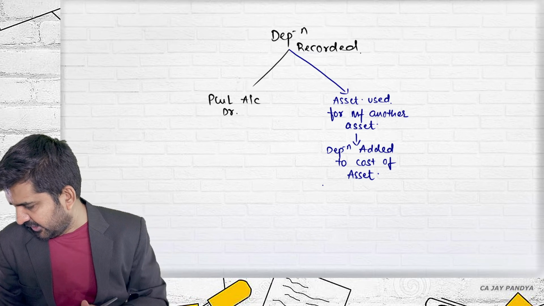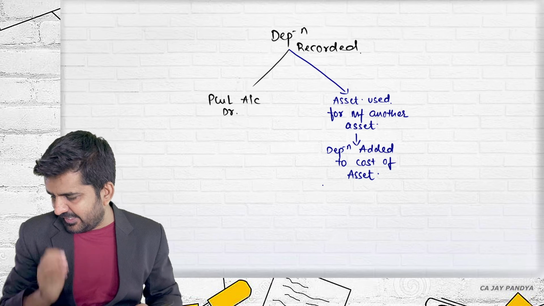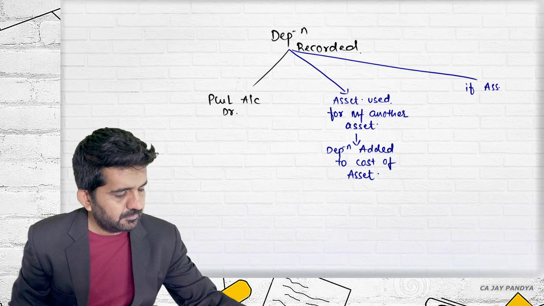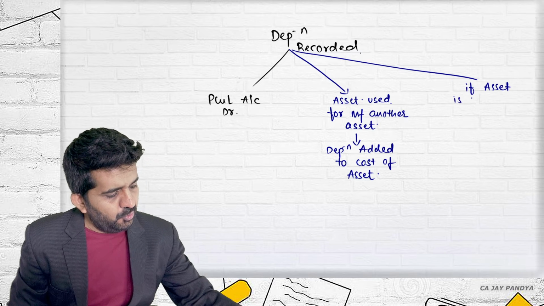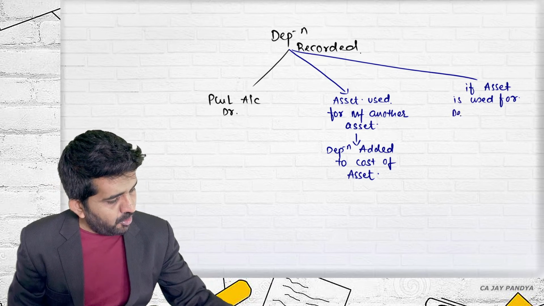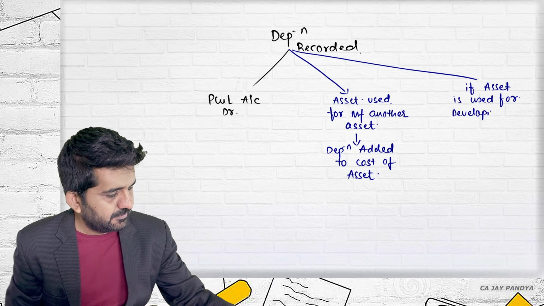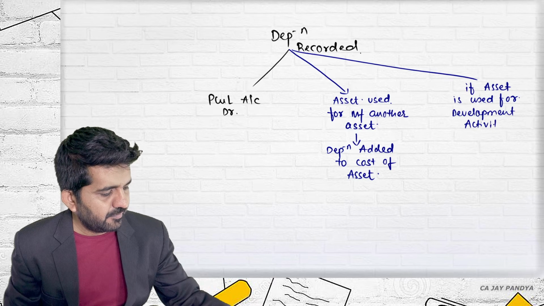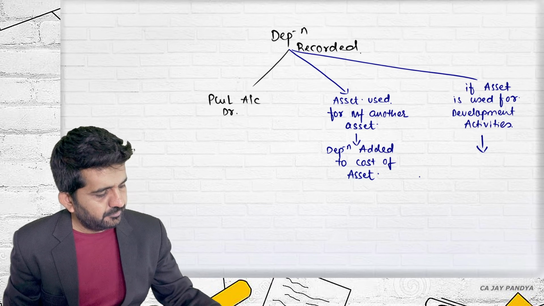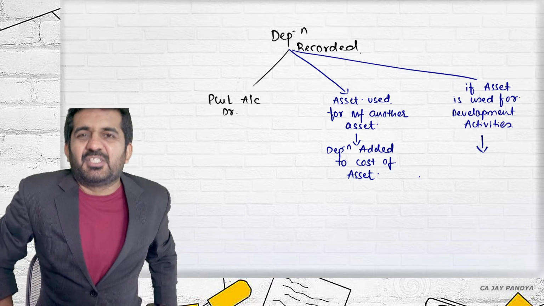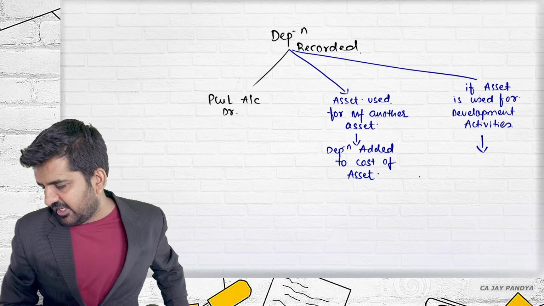There is also another case, if the asset is used for development activities. So practically the expenditure you have done on the asset is for, say, goodwill or any other intangible assets.